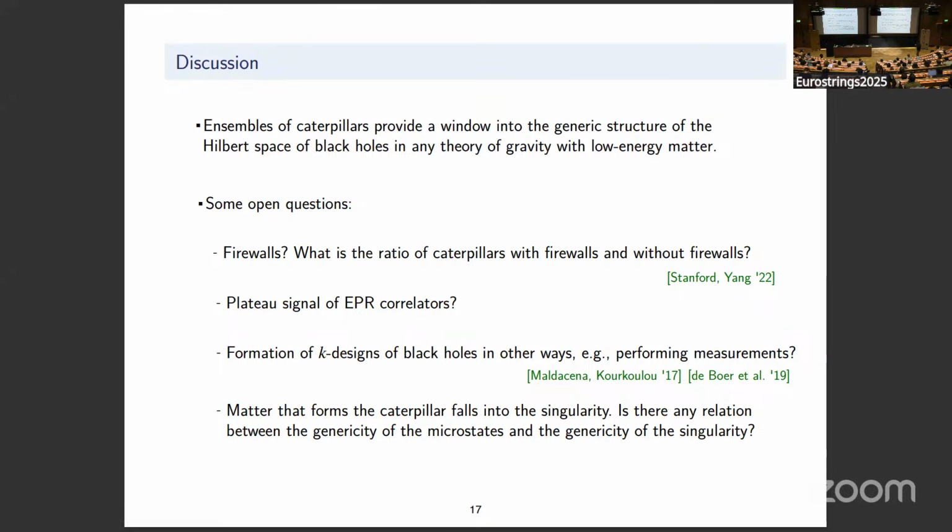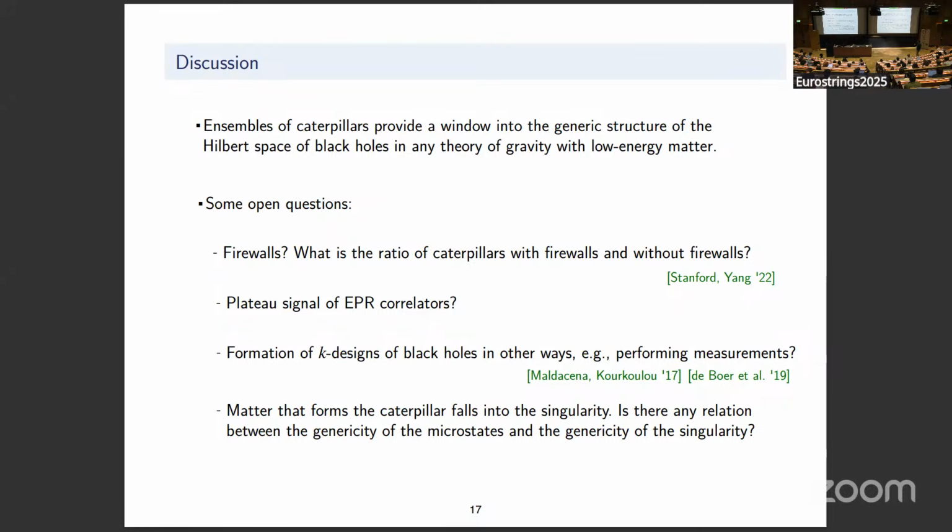One of them is whether the caterpillar states contain firewalls or not, because there's been this discussion in the literature of whether typical states of black holes contain firewalls. Firewalls in this case would correspond to very highly boosted matter shocks, which hug the black hole horizon and collide with the infalling observer once the observer crosses the horizon.